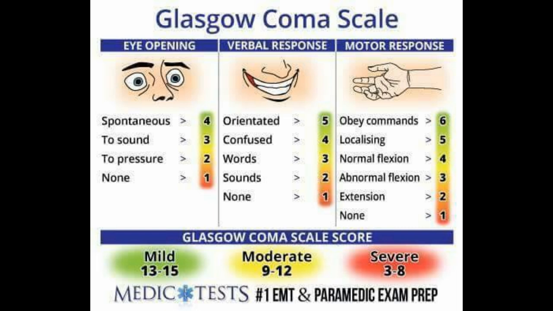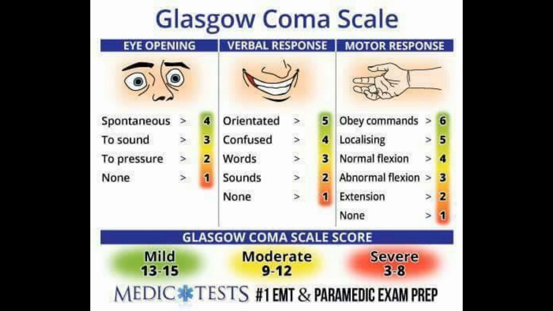If the words that they are uttering are disoriented, or they are simply making some sounds, that is score 2. If they are uttering some words, though those could be inappropriate words, that is score 3.